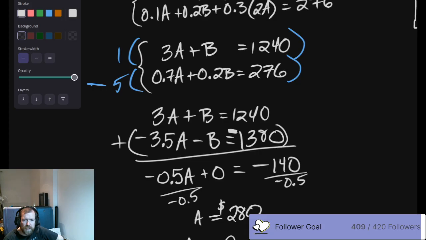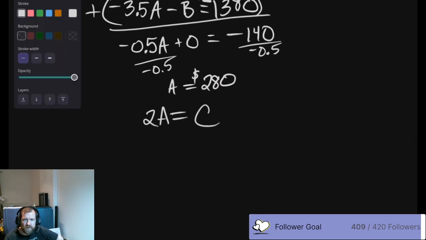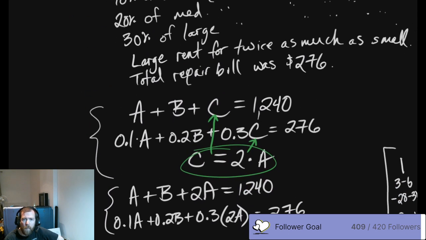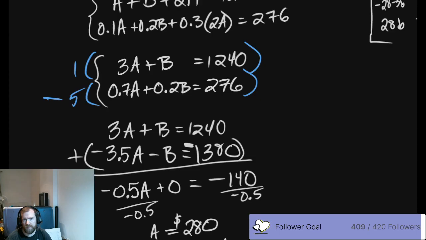We also know that 2a is equal to c. So twice 280 is going to be 560. And then from all of our equations that we've had so far, I guess the 3a plus b equals 1240 is going to be the easiest way to get this.